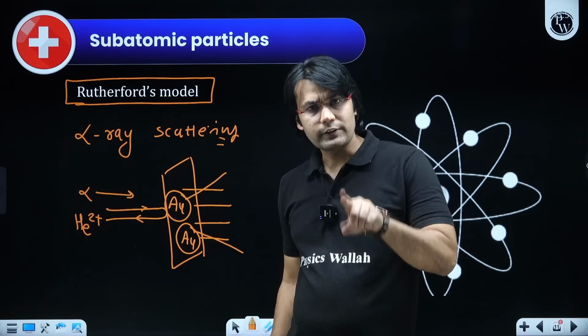The third one is the magnetic quantum number. And the fourth one is the spin quantum number. The principal quantum number is denoted by small n, the azimuthal quantum number by small l, the magnetic quantum number by small m, and the spin quantum number by small s. So these are the representations of your different quantum numbers.